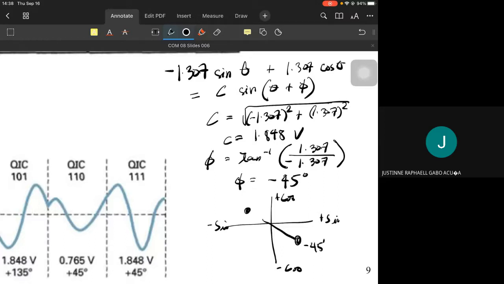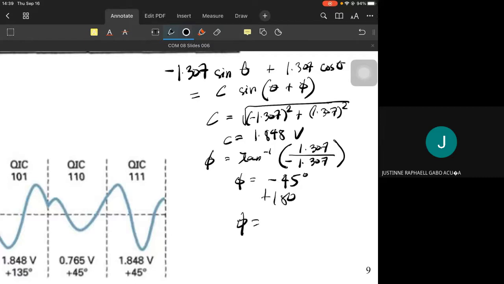So what do we do? Kung plus 360, balik na gyapon dire. Okay, we add 180 para kana iyang equivalent, iyang counterpart. So negative 45, add 180. So positive 135 nang gawas. Sakto? 180 minus 45. Yeah, positive 135.